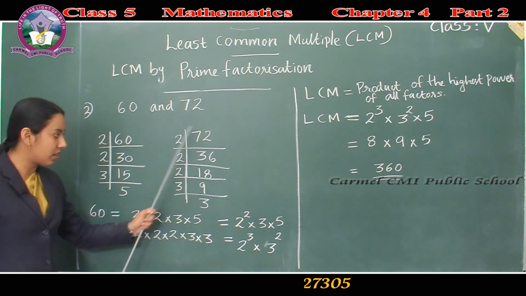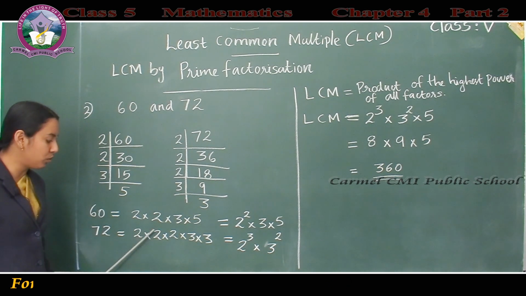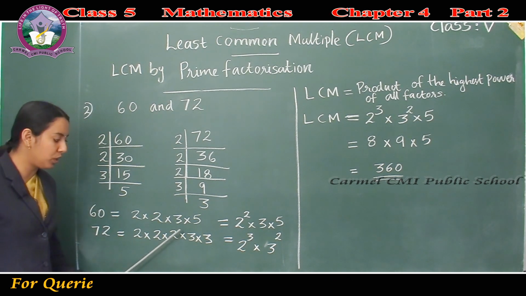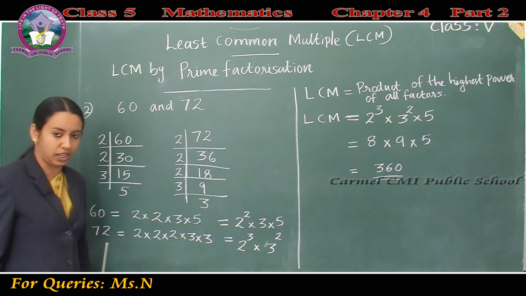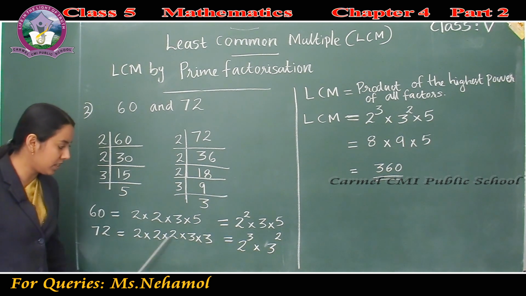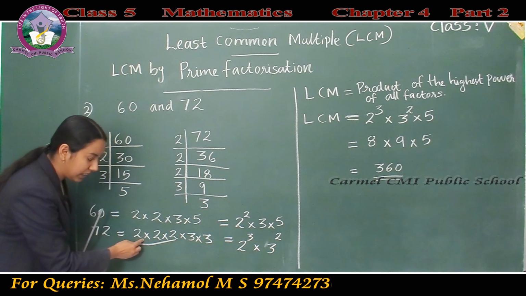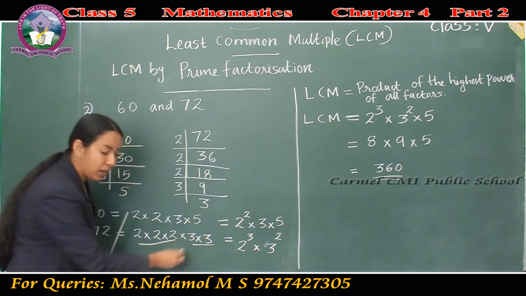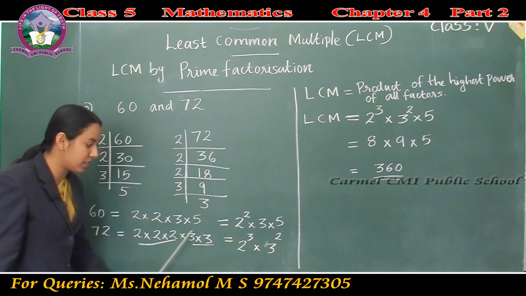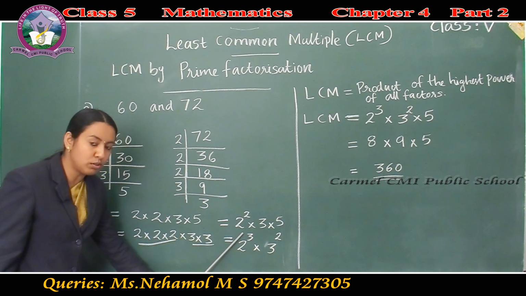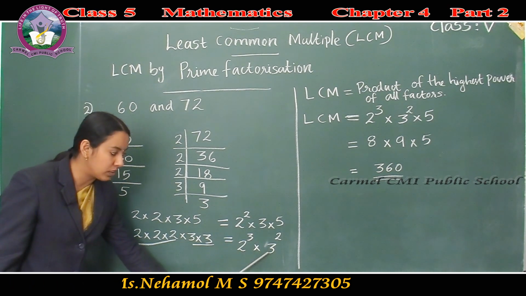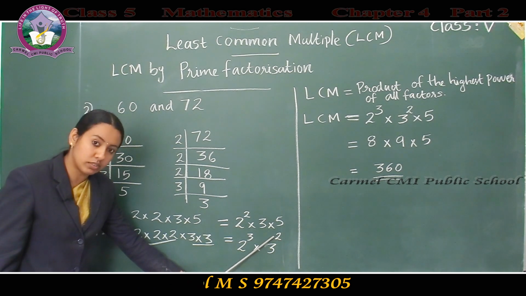We can write 72 as 2 into 2 into 2 into 3 into 3. 2 is multiplied 3 times, 3 is multiplied 2 times. And this is equal to 2 raised to 3 into 3 raised to 2, or 3 square.